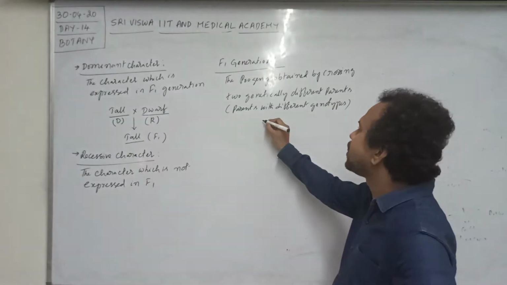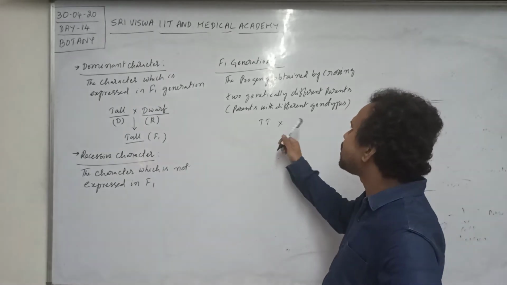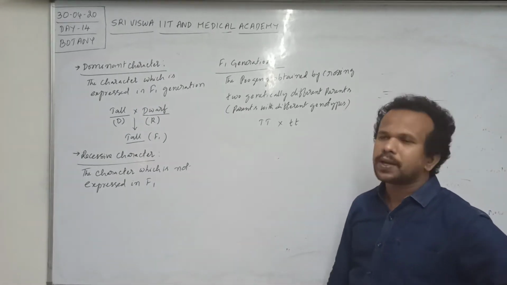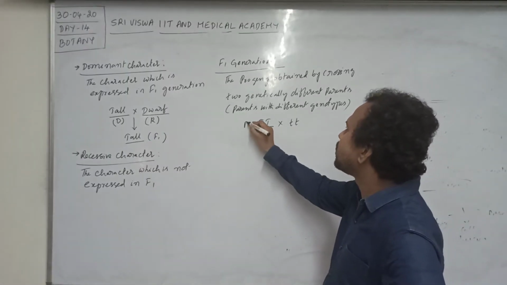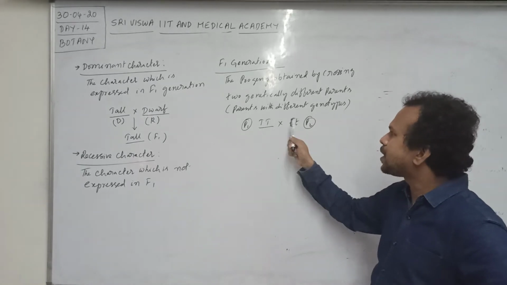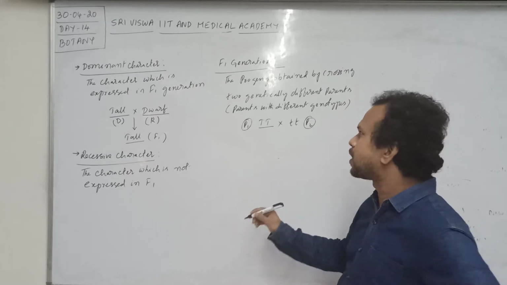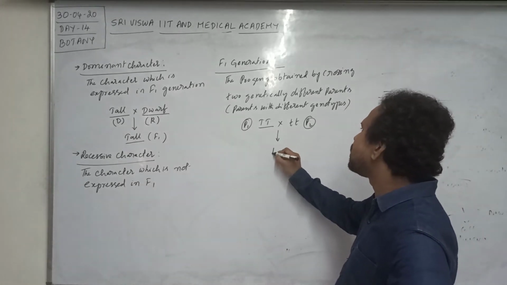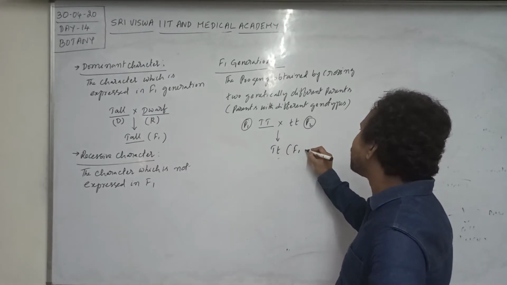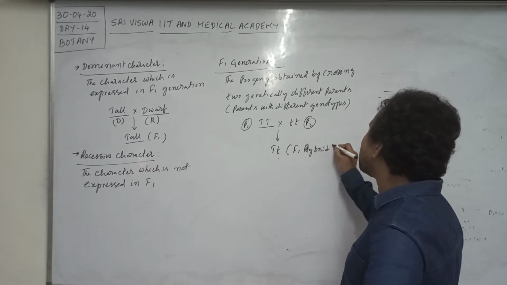For example, if a cross is made between a plant with capital T genotype and a plant with small t genotype, this is parent 1 and this is parent 2. Both parents have different genotypes. Then the resulting progeny is capital T small t. This one is said to be the F1 hybrid.